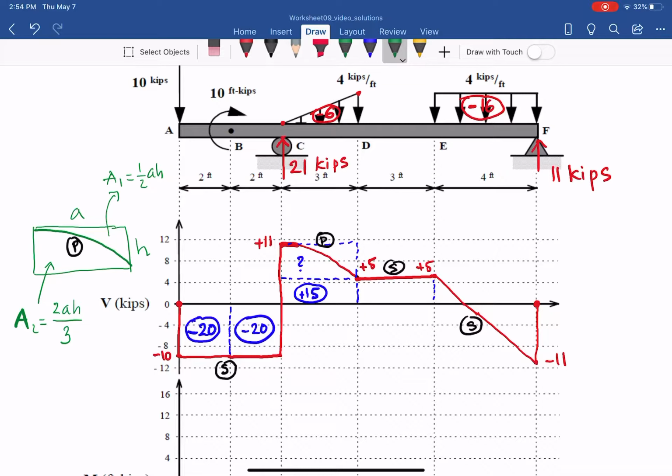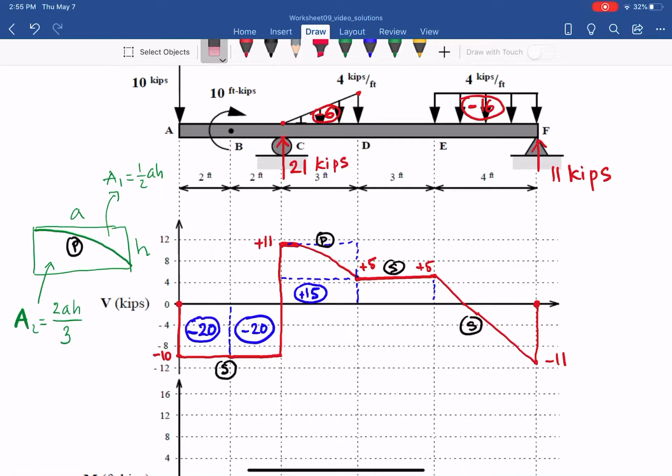So from there, this question mark becomes 2 times A, in this case 3 feet, times H, which is 11 minus 5, so it equals 6. So 3 times 6 times 2 divided by 3, 2/3, will be 12.